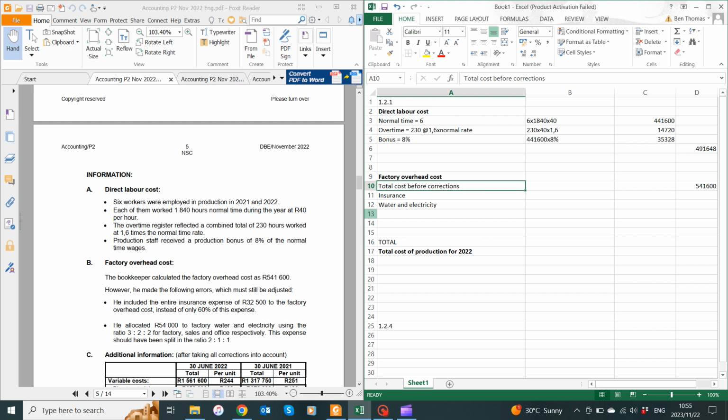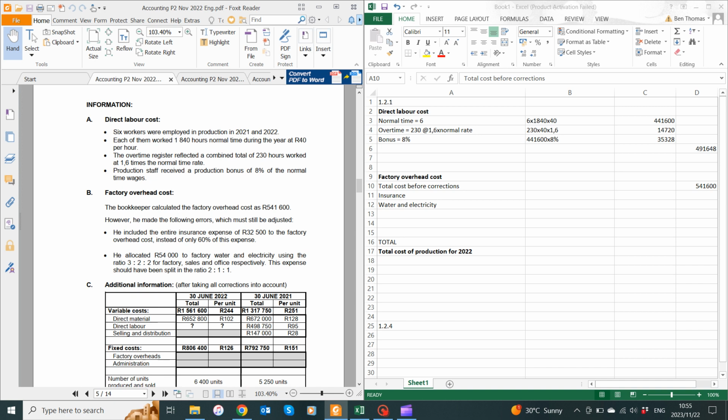Then we have the factory overhead cost. With the factory overhead cost, they tell us the bookkeeper calculated the factory overhead cost as 541,600 Rand. However, he made the following errors, which must still be adjusted. He included the entire insurance expense of 32,500 Rand in the factory overhead cost instead of only 60% of this expense.